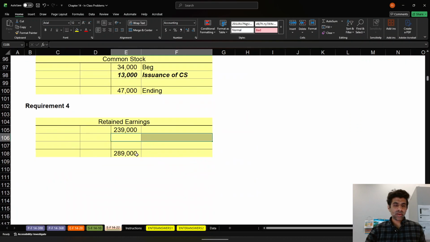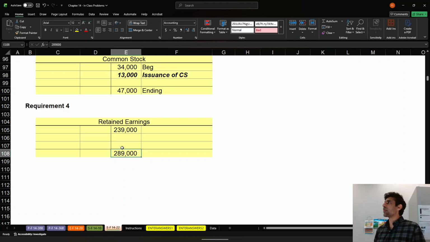Would that have been in retained earnings a debit or a credit of 110,000? I know Tyler knows. Someone else know? I know Muhammad knows. Scott, what do you think? Is the 110,000 increasing or decreasing retained earnings?